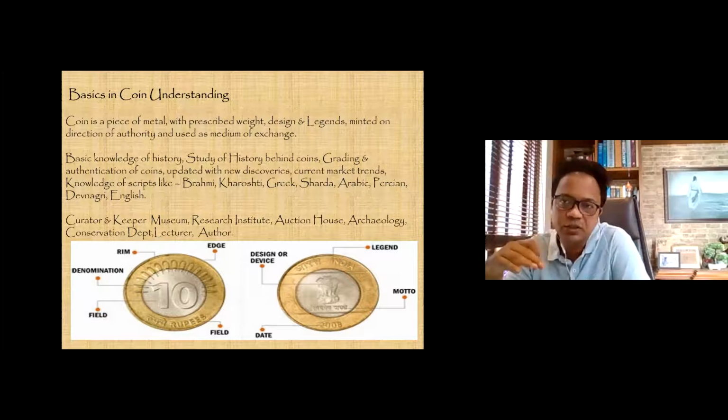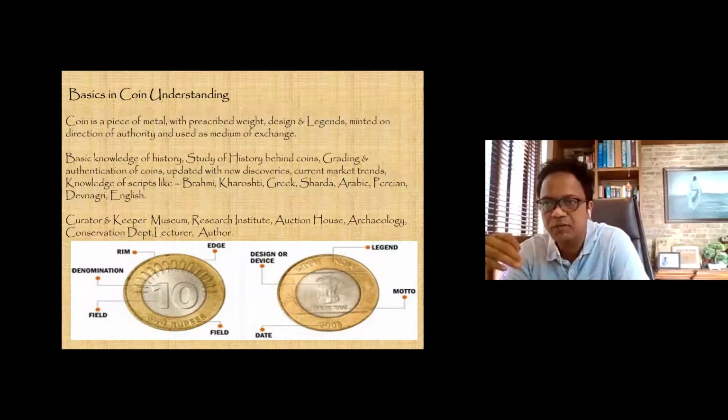In the ancient coins that we have, typically we will have inscriptions written in Brahmi, and we will see those coins as we move ahead. Kharosti, the foreign influence that has come in, the coins are having Greek legends on it. Sharda, Arabic and Persian, a lot of Mughal and Sultanate period coins have Arabic and Persian.